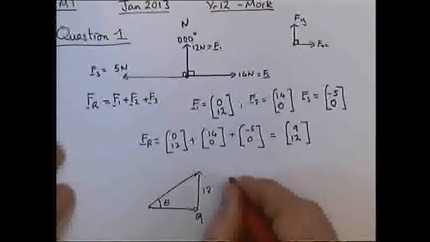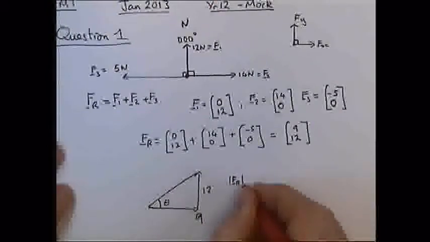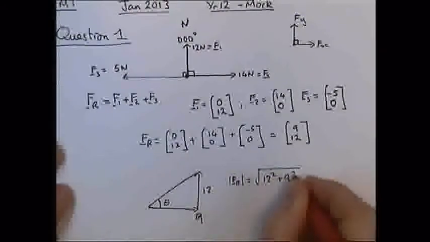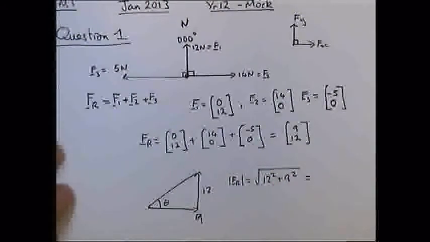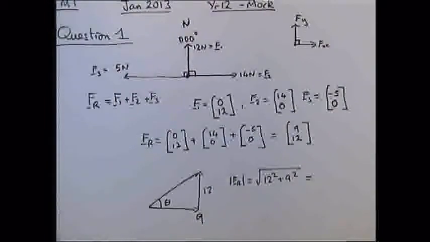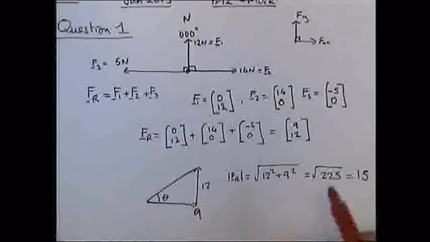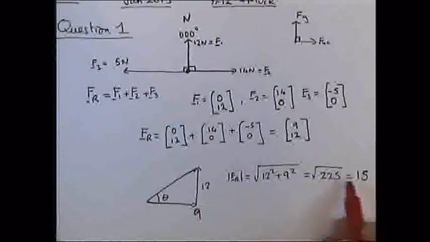So let's work out the magnitude of the resultant force first, and that's going to be the square root of 12 squared plus 9 squared. So the magnitude of the resultant force is the square root of 225, or 15 newtons.